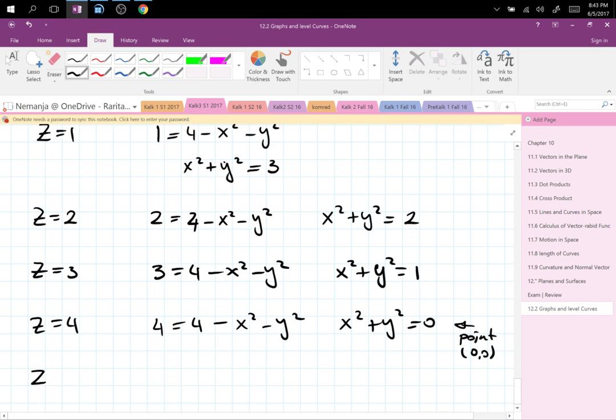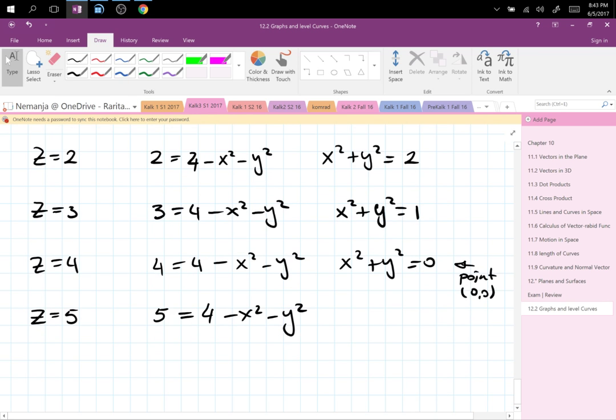And then here it is, z equals 5. As soon as you plug in, for this particular problem, z equals 5, the problem explodes. Because you get x squared plus y squared equals -1.